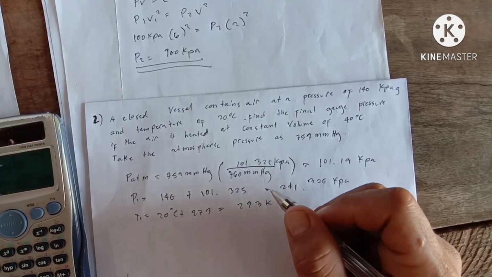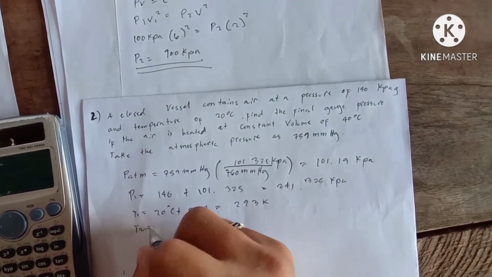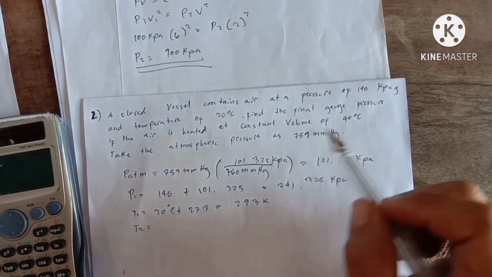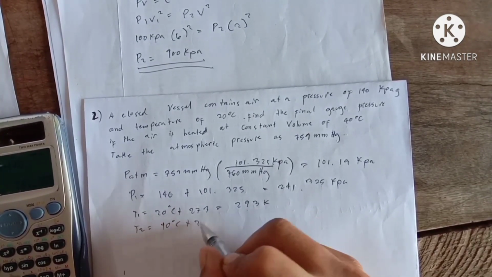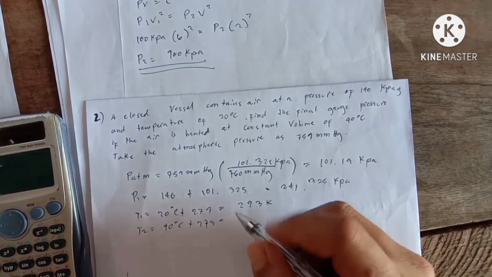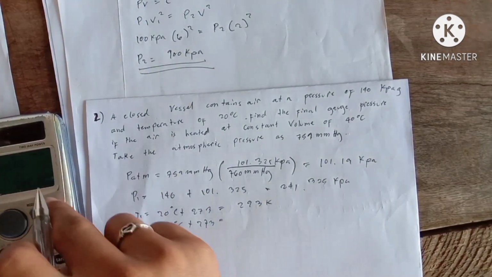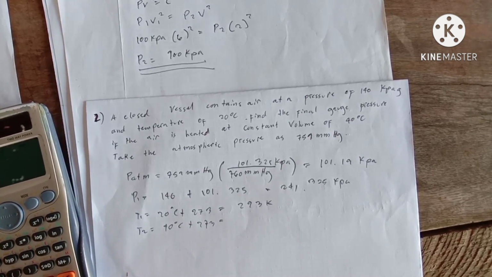Then temperature 2 equals 40 degrees, add also 273, 40 plus 273, equals 313 Kelvin.